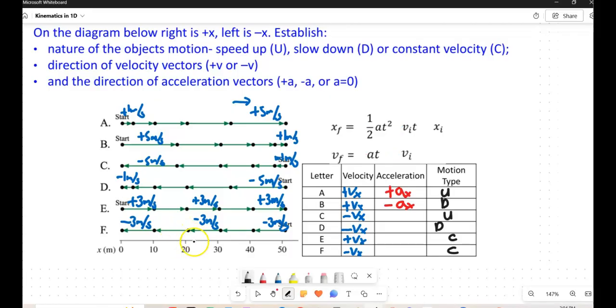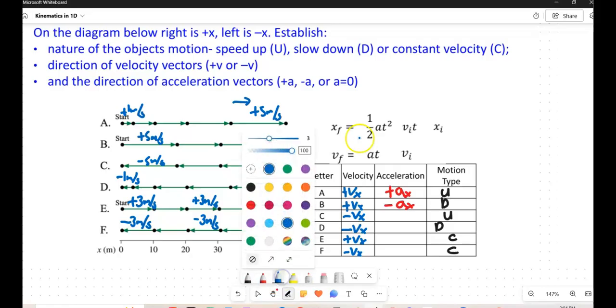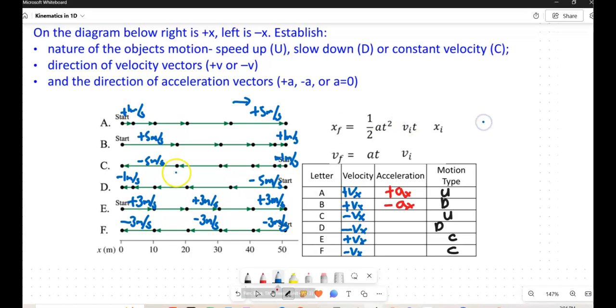Let's try C. Well, C says you're moving to the left the entire time. You start out moving to the left at negative 1 meter per second, and now you're moving to the left at negative 5 meters per second. So your acceleration vector has to be adding to your velocity vector to make it larger over time.